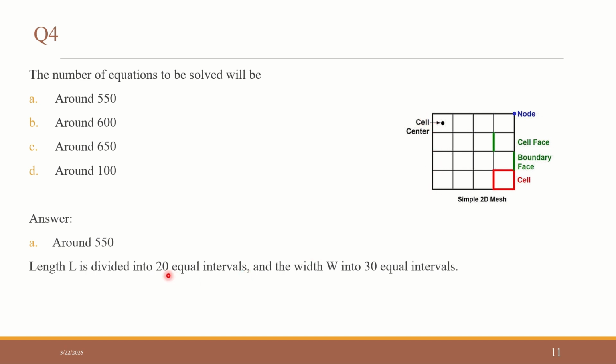So here it is the number of intervals: 20 intervals minus 1 times 30 intervals minus 1. So it is 19 into 29. What does 19 into 29 give?